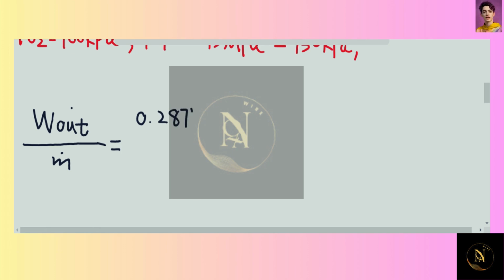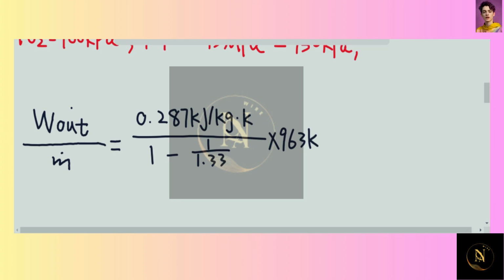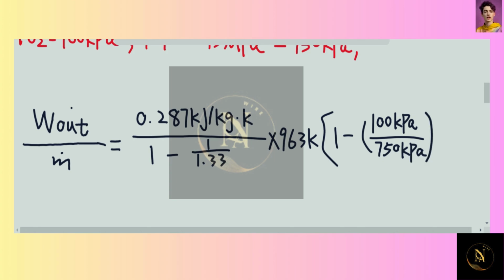0.287 kilojoule per kilogram Kelvin over 1 minus 1 over 1.33, multiplied by 963 Kelvin, and then multiplied by 1 minus 100 kilopascal over 750 kilopascal to the power of 1.33 minus 1 over 1.33.